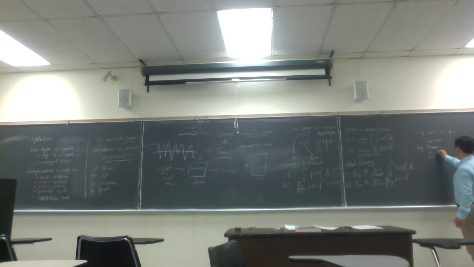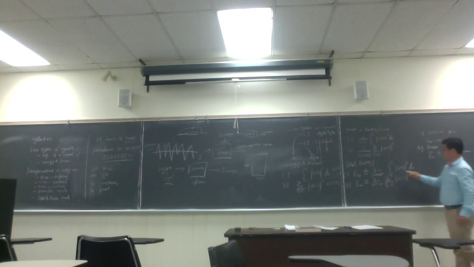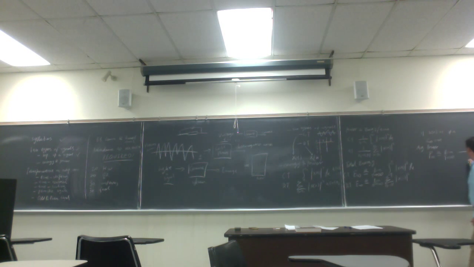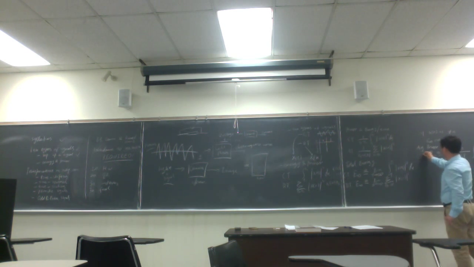So it's defined as still a limit as T goes to infinity, and now the time interval will be 2T, and then 1 over 2T times the integral from minus T to T of the magnitude squared. And this is for continuous time.